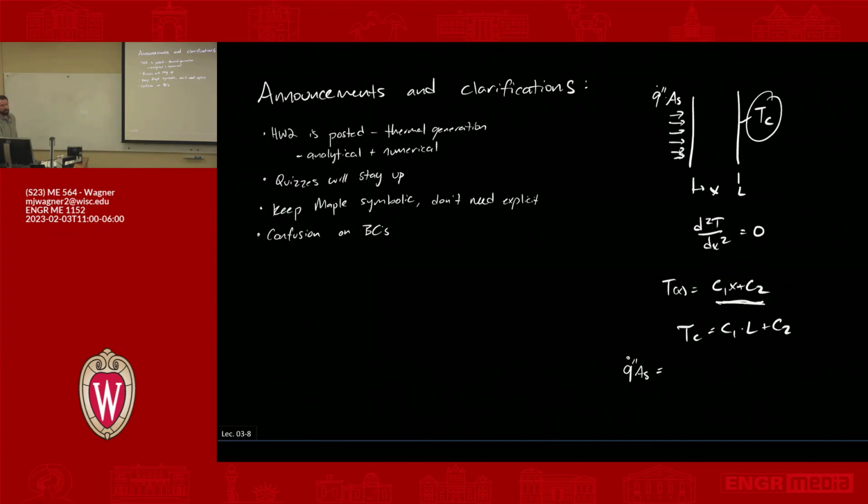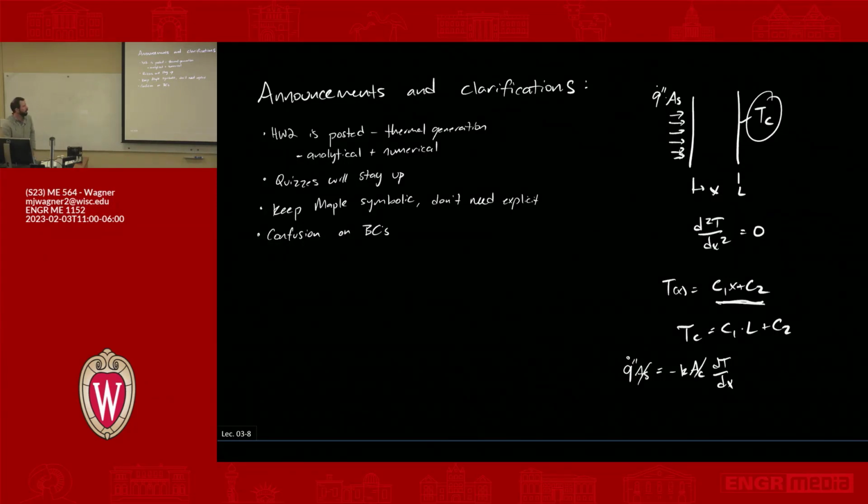It's conduction in the domain that's governed by Fourier's law. So q dot double prime As, which we're given, has to be equal to Fourier's law, minus k times Ac times dT dx. In this example, for a plane wall, As is equal to Ac, so that goes away.